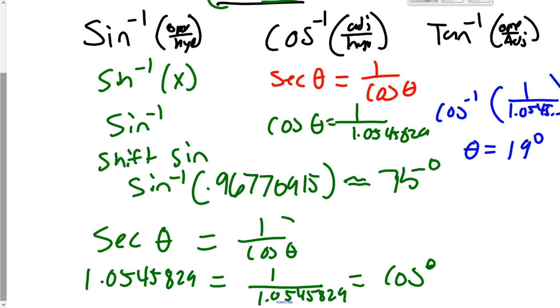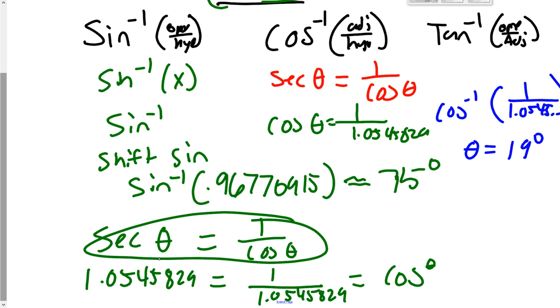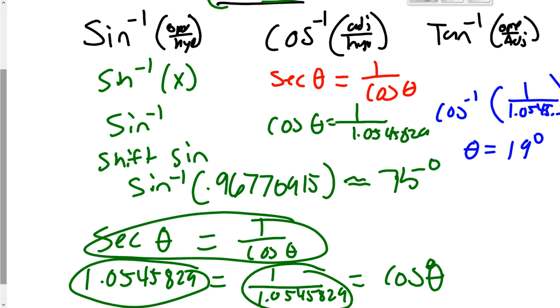Because I would just flip this fraction. So if I have secant, I can flip it and it equals cosine. So if I take this and flip it, that would equal cosine of theta. And then I can do the inverse of that. So that's how you do that one.